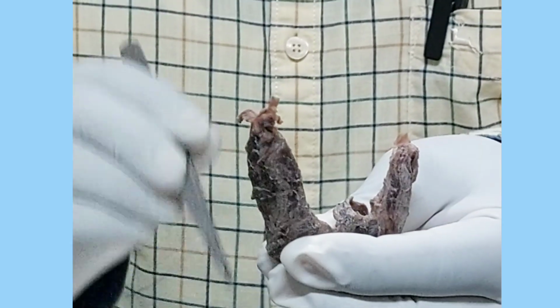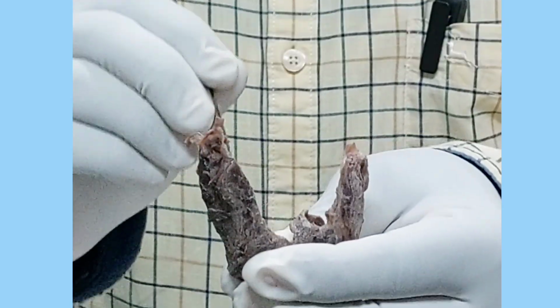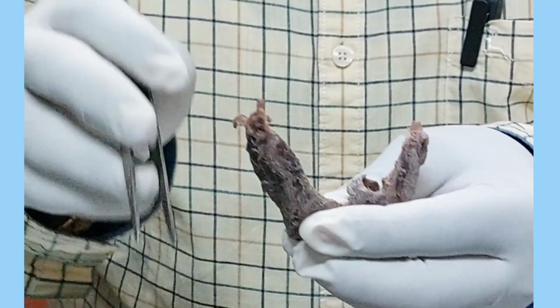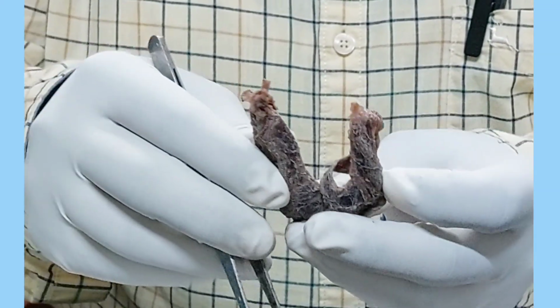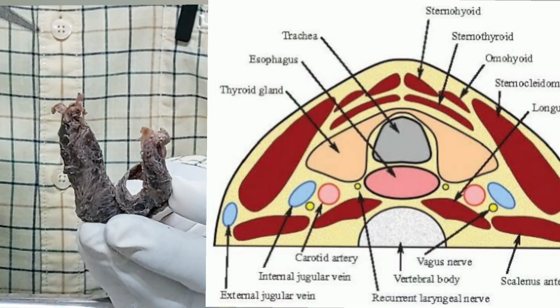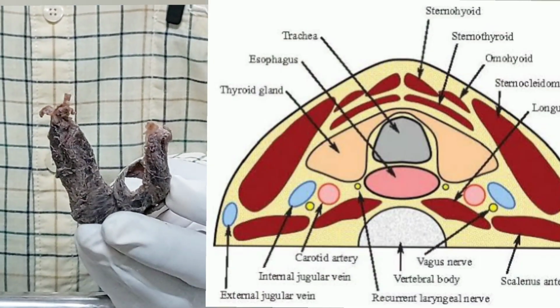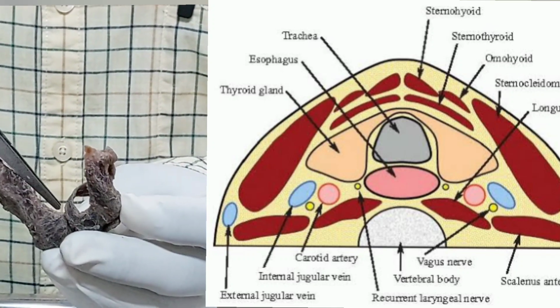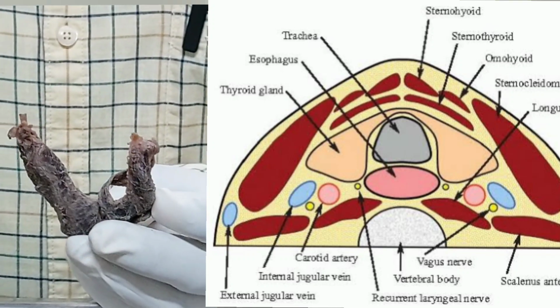There are two nerves, the external laryngeal nerve and the recurrent laryngeal nerve, and two muscles, the cricothyroid and the inferior constrictor. So these two muscles, two nerves and two tubes are related to the medial surface of the lateral lobe of the thyroid gland.